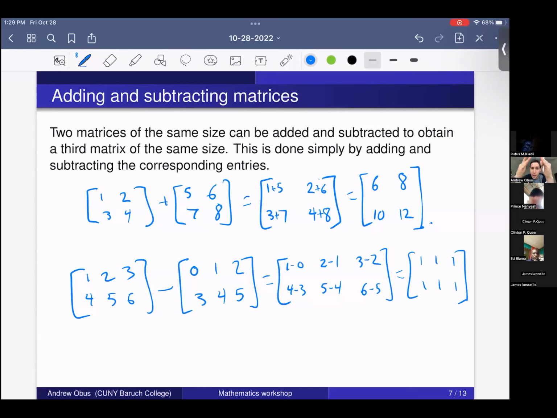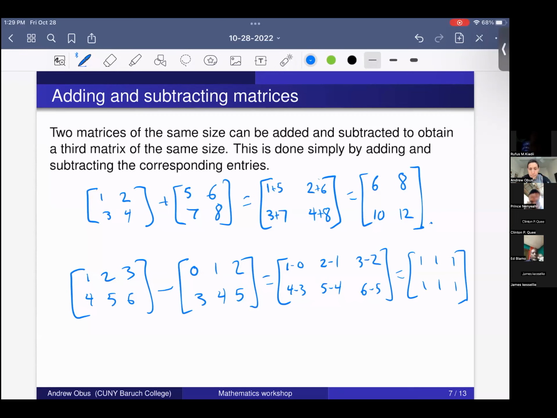So I can add and subtract matrices the same way we do it with vectors. With vectors, the numbers are in a line. With a matrix, the numbers are in a rectangle. But adding and subtracting is exactly the same. You do the addition or the subtraction on each entry, one at a time.